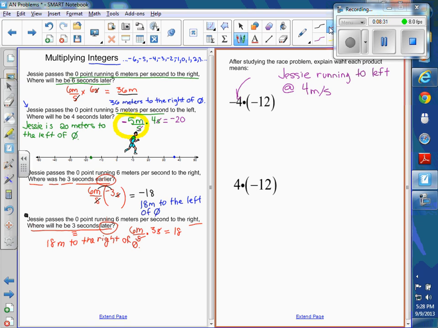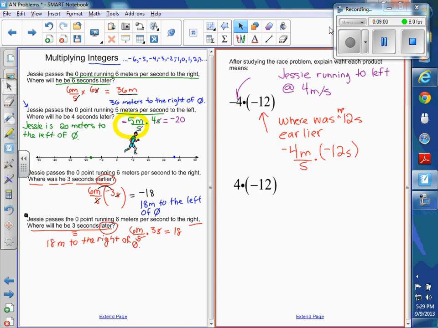And then we could also ask, where was he, because of the negative here, 12 seconds earlier. And so we would take the 4 meters per second, the negative, and multiply it by the -12 seconds.